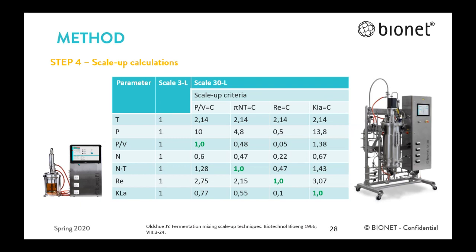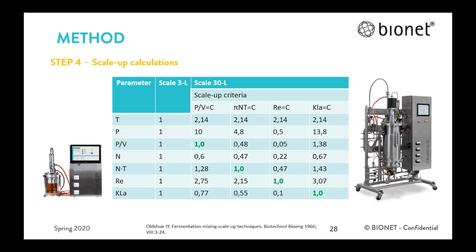In general, it's impossible to scale up a bioprocess keeping all conditions at the optimal values, and it's necessary to choose which variable is considered the most important. For the scale-up of aerobic fermentation, the effect of gas-liquid mass transport is the most important factor.